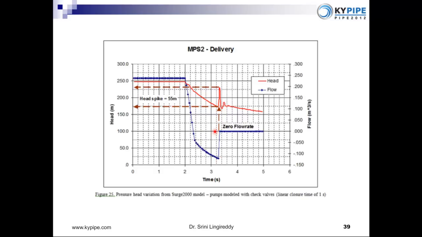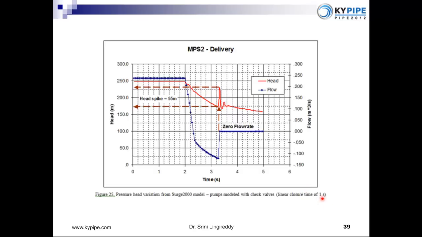This is where the check valve closes, making the flow go from this point to this point zero. Because of that rapid change in the velocity, there is a rapid change in the pressure, which is captured automatically by the software. So the software is telling me there is a pressure spike of 55 meters, and my previous calculation showed me that that particular type of check valve for this system would give me a pressure increase of 48 meters.